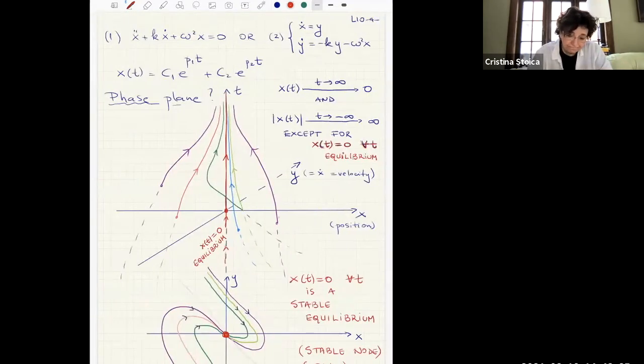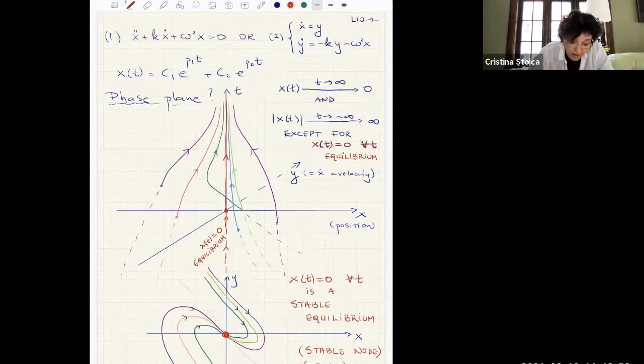And if we do this picture, that's why I did this again, in the phase plane, we discussed the phase plane. How would this kind of behavior look in the phase plane? First of all, what I drew here, if you look at this picture in the middle, it's in 3D with X and Y. X is the position, Y is the velocity, and T, the time, is on the vertical.